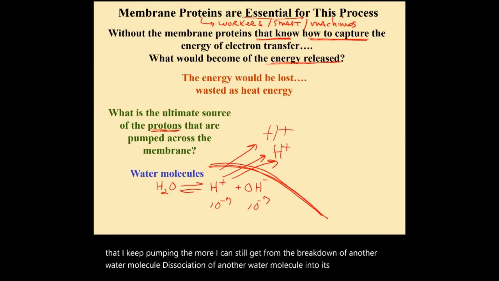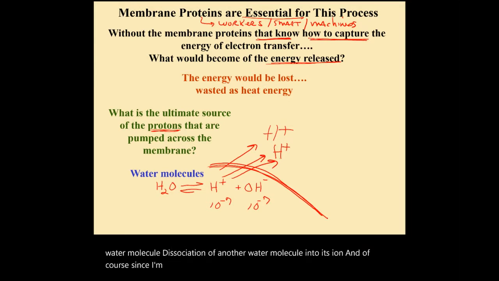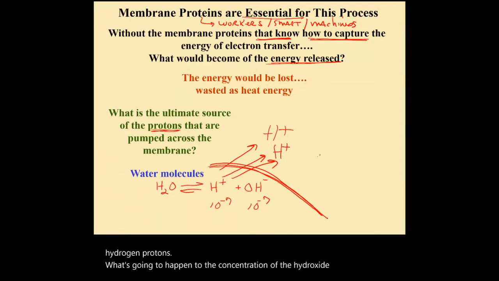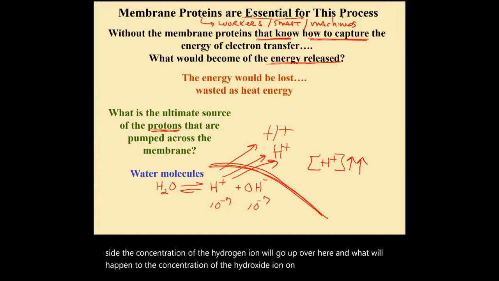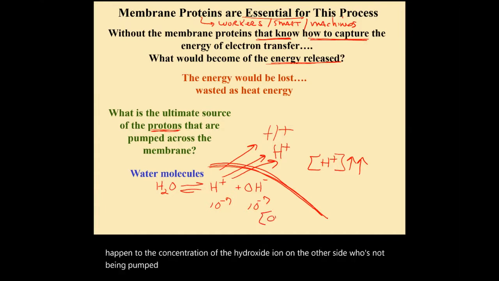And of course, since I'm only pumping out one thing, I'm only pumping out the hydrogen protons, what's going to happen to the concentration of the hydroxide ion on the other side? The concentration of the hydrogen ion will go up over here. And what will happen to the concentration of the hydroxide ion on the other side, which is not being pumped across? Concentration of this will go up over here, correct?